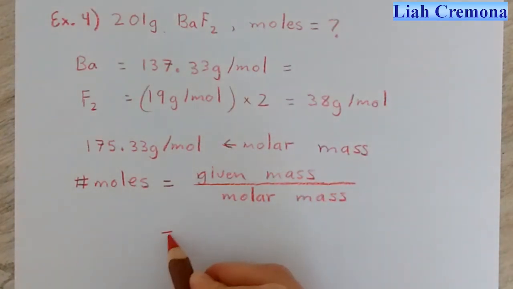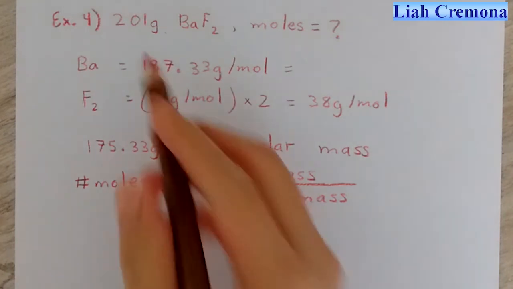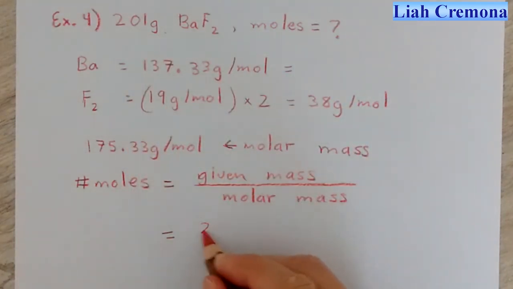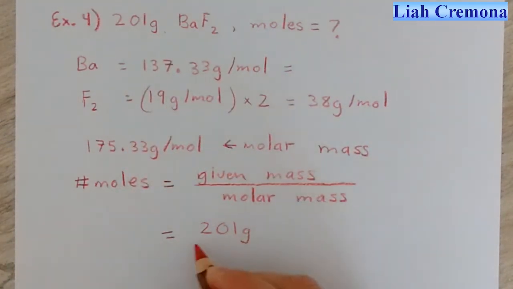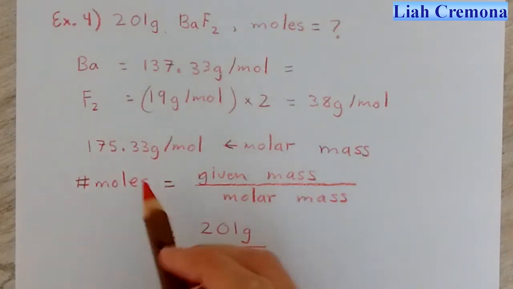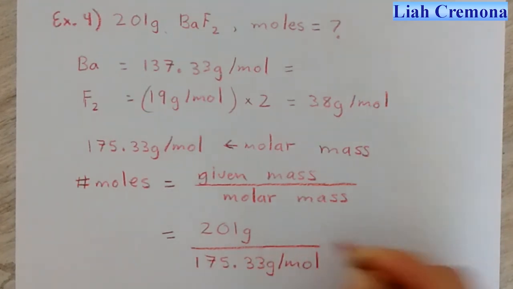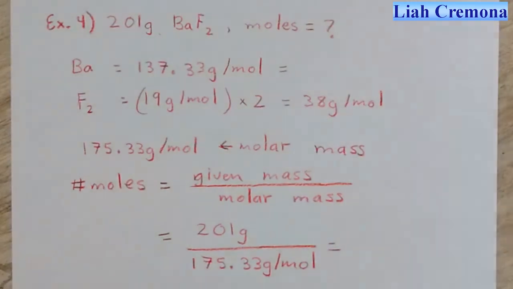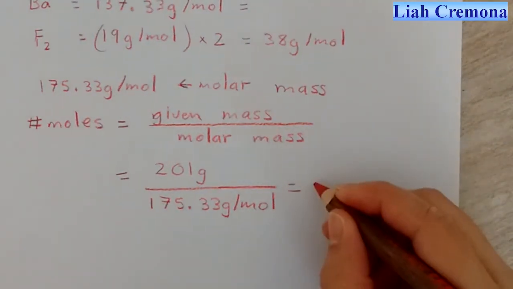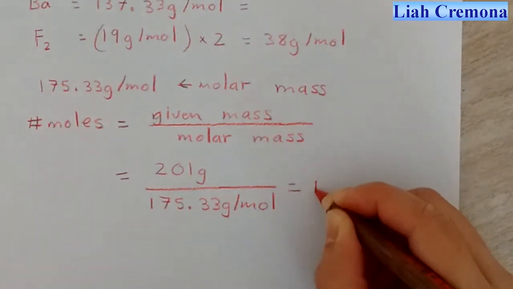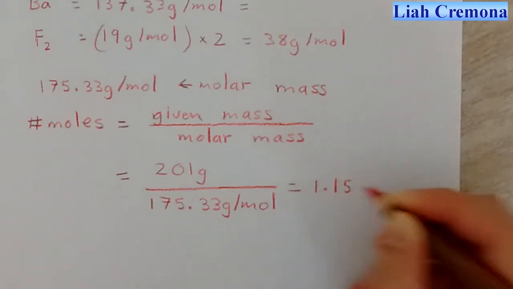Plugging the numbers in, the given mass was 201, and the molar mass was 175.33 grams per mole. The answer here is 1.15 moles.